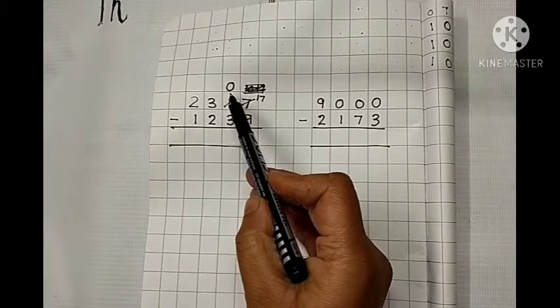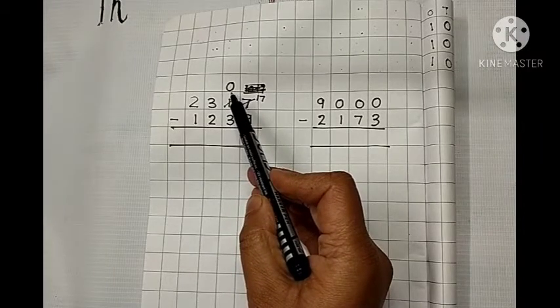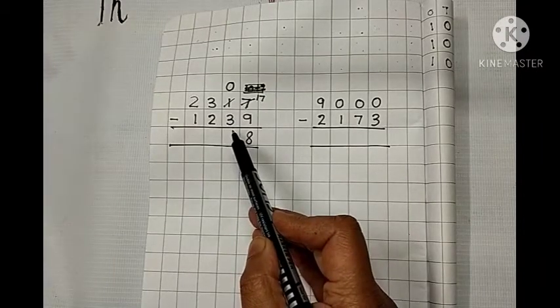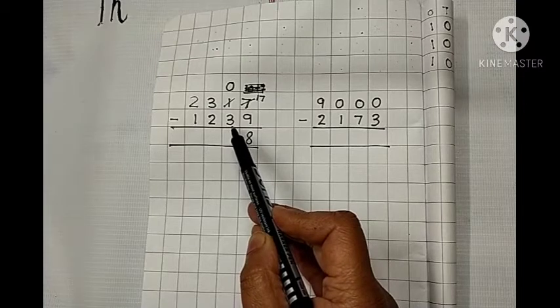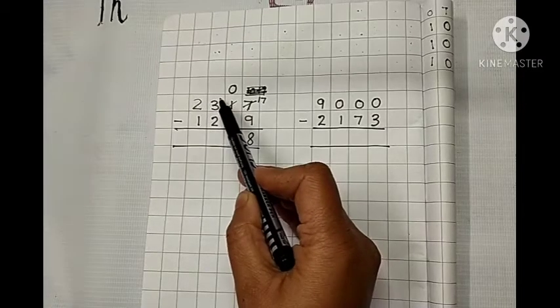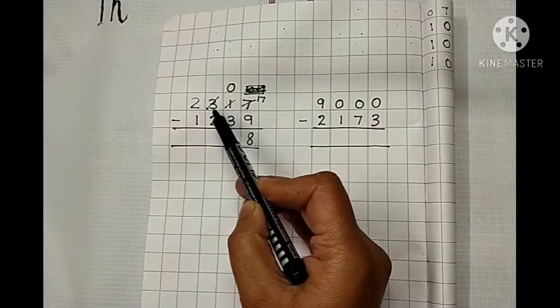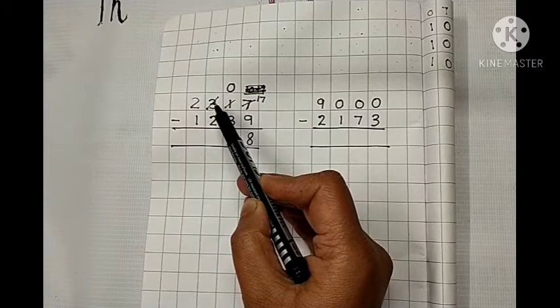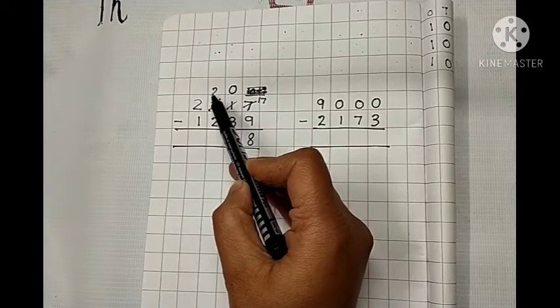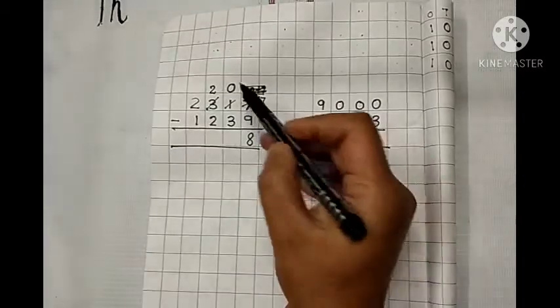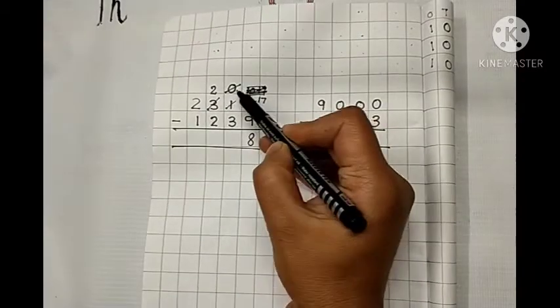Similarly, we have 0 tens, but we have to take out 3 tens. So what will we do? We'll take borrow from 3 hundreds. How many hundreds will be left there? 2. And we had 0 here.